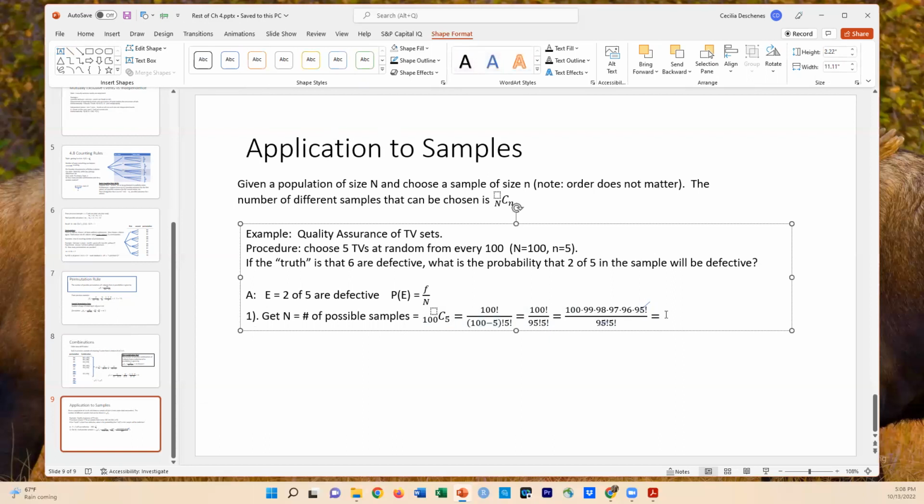And so what we're left with is a number that hopefully will not blow up your calculator. And it comes out to 75,287,520.